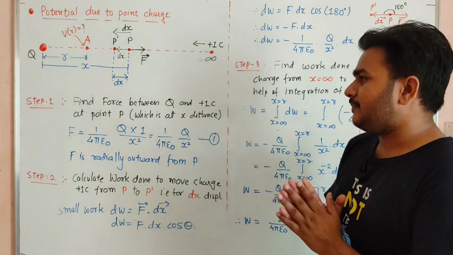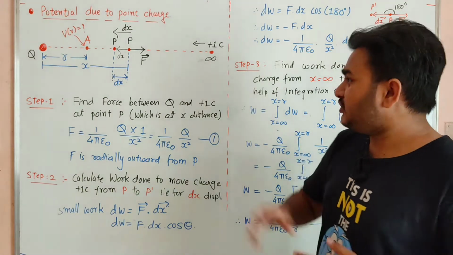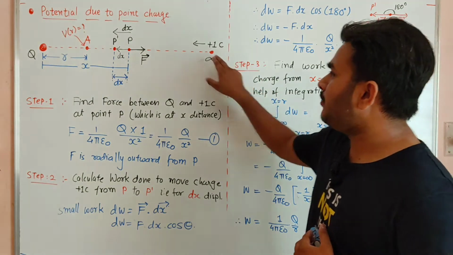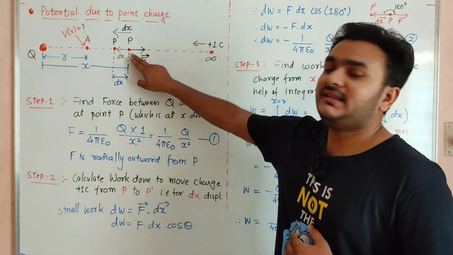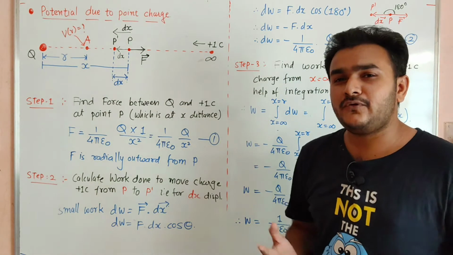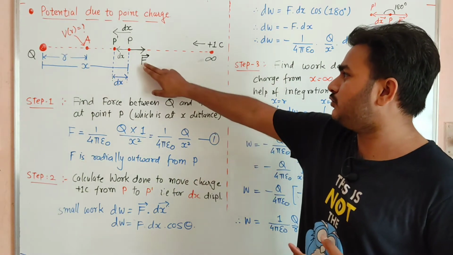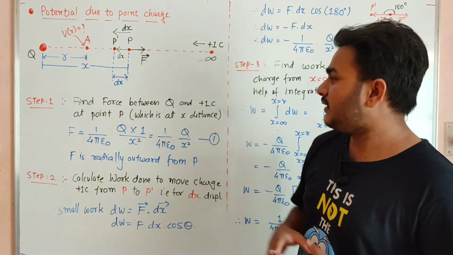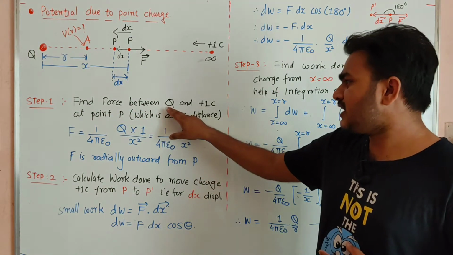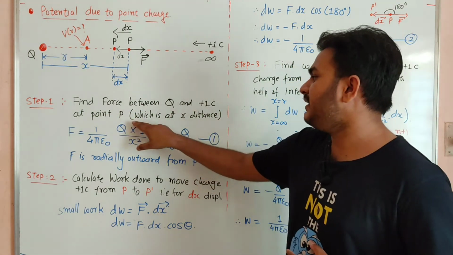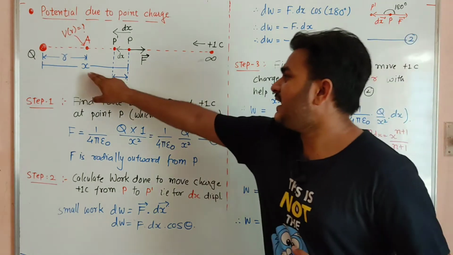What is the first step? During the journey of the 1 coulomb charge from infinity to point A, whenever the plus 1 coulomb charge reaches point P, the Coulombic repulsive force experienced is shown by this arrow. So the first step is to find the force between the q charge and the 1 coulomb charge at point P, located at distance x.